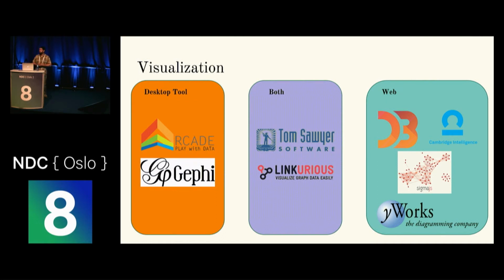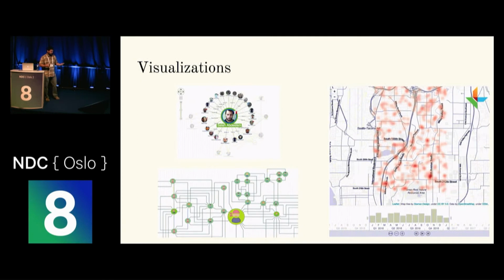Cambridge Intelligence has a tool called KeyLines, which is not graph specific, but leans very heavily towards graph visualizations. Sigma.js and yWorks are two other companies that also have very deep integrations for visualizing graph data. So what do I mean by visualizing graph data? Well, visualizing graph data is usually thought of as the two up on the right of the screen here.